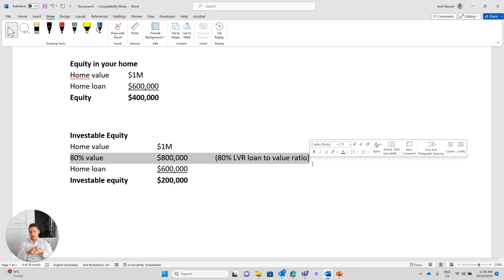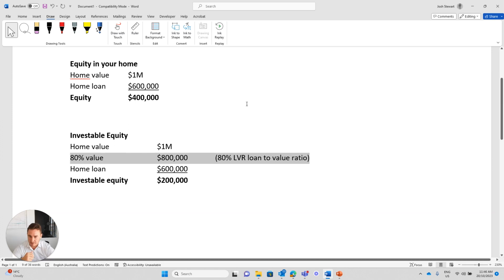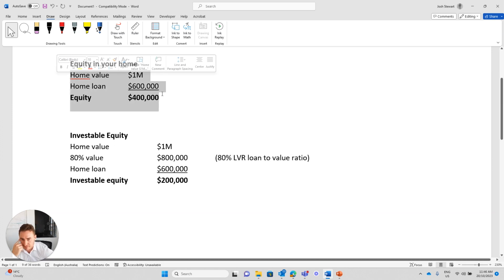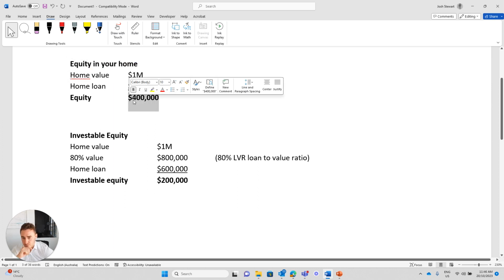So investable equity usually means that, in this above scenario, we've got 400,000 in equity, but if you want to keep that home and you want to take out another loan to invest, you're not going to be able to borrow that whole 400,000. You would borrow the difference between your home loan and the 80% mark.